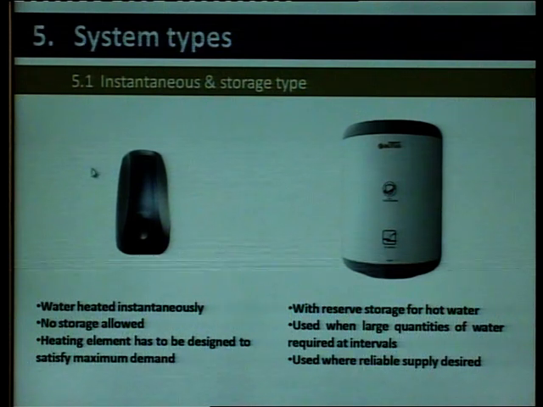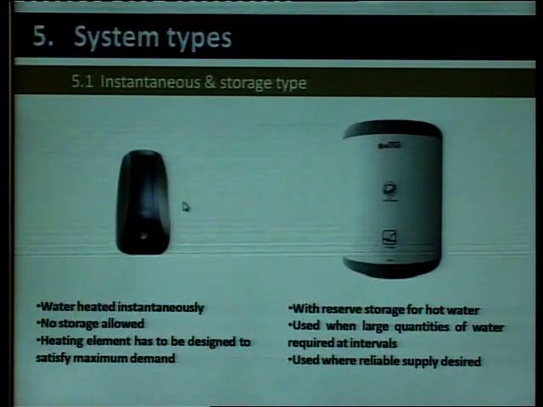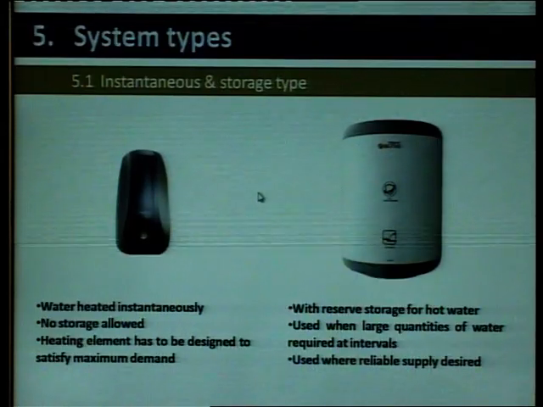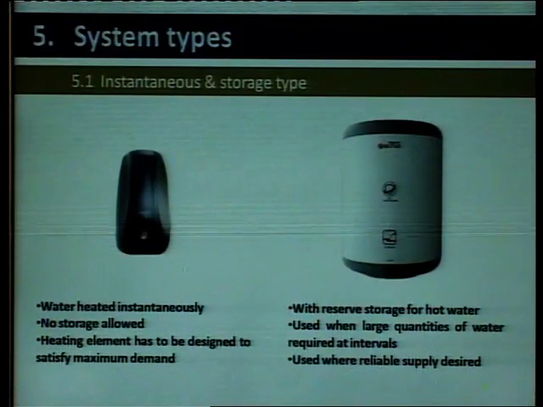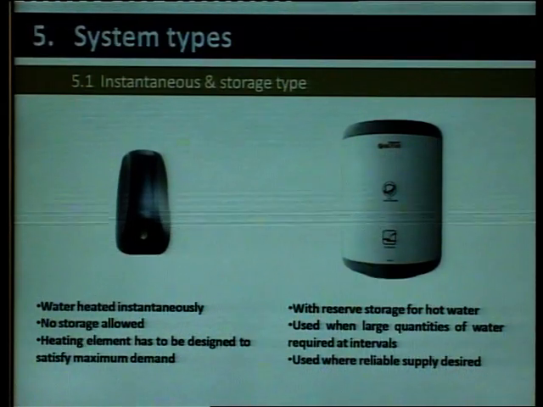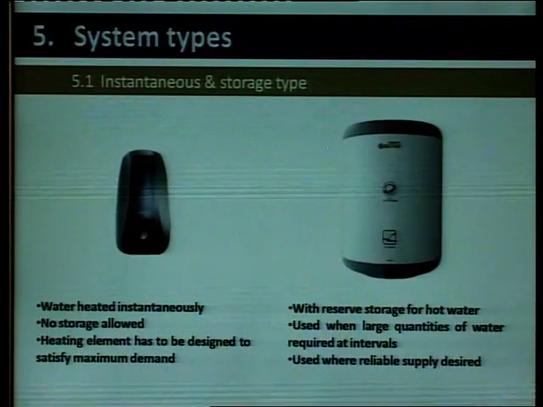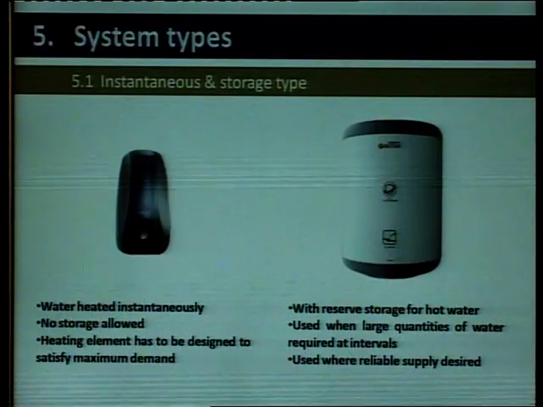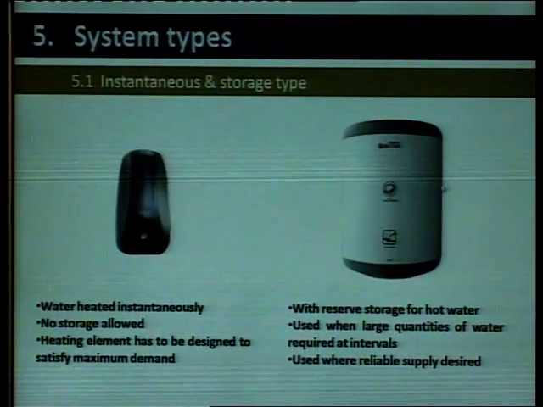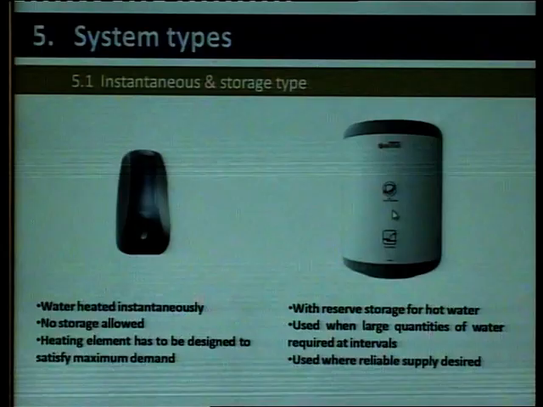It is a small contraption, not more than 1 foot in height and about 7 to 8 inches in width and 6 inches in depth. Water is heated instantaneously, no storage is permissible or possible, and the heating element has to be designed to satisfy maximum demand. Now, compare this with such a big kind of situation.